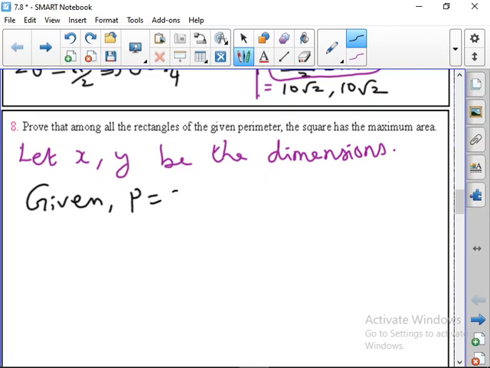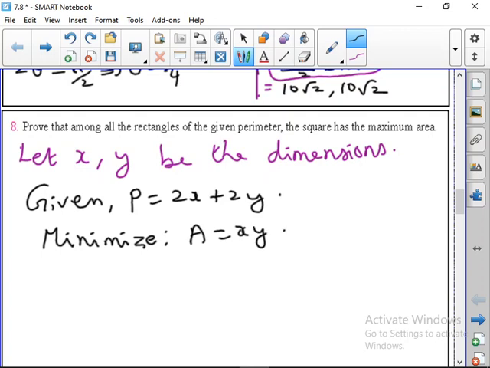P is equal to 2x plus 2y, because the perimeter of a rectangle is 2 into L plus B. So 2L plus 2B, we write 2x plus 2y, nothing else. We have to maximize the area of the rectangle, which is xy.